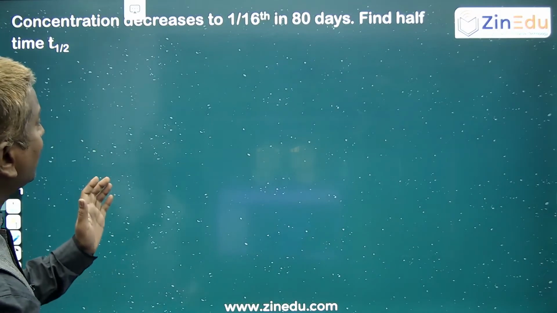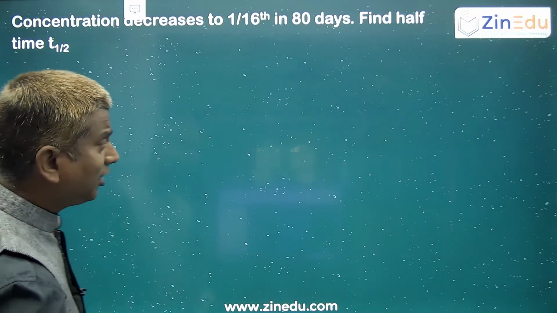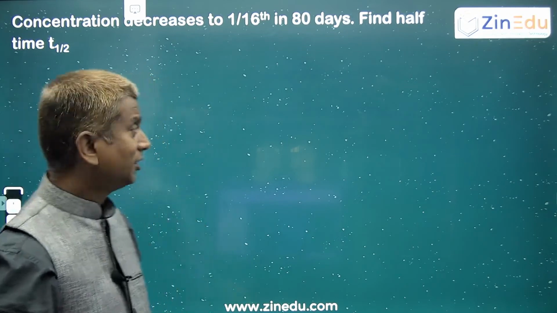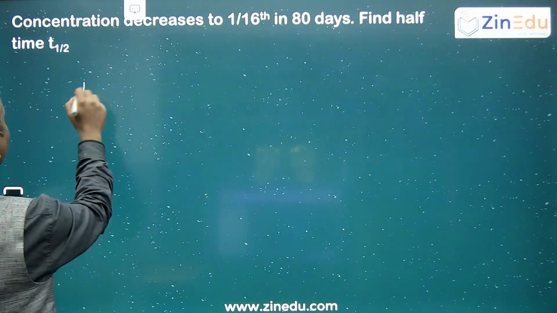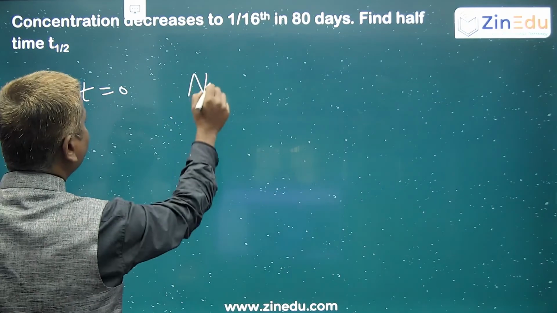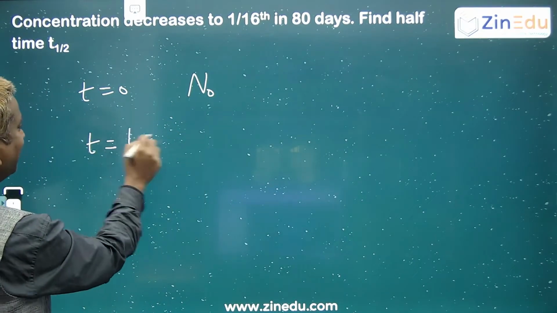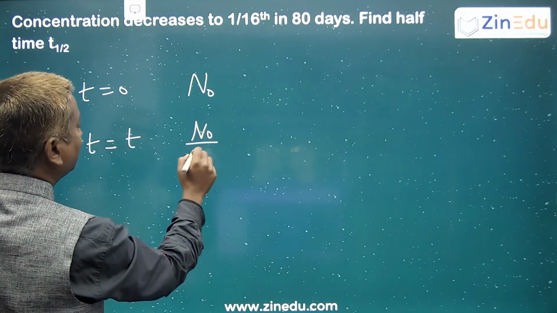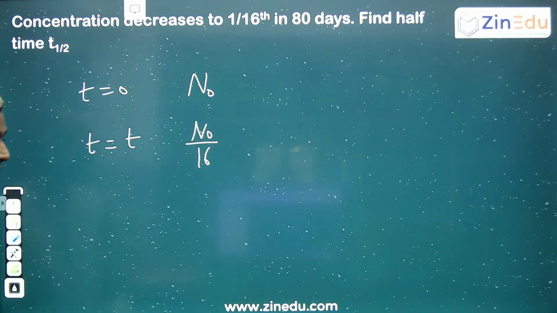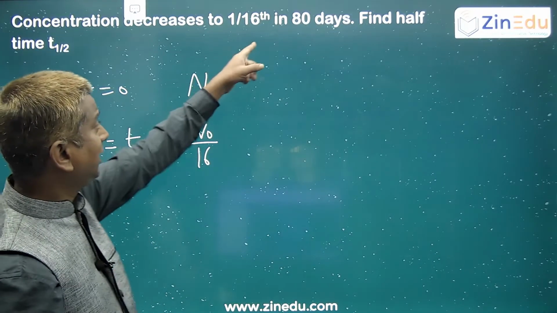The concentration decreases to 1 by 16th in 80 days, then what is the half-life? So at t equal to 0, let the initial number of nuclei be n naught. After some time it becomes n naught by 16 left over, in 80 days.